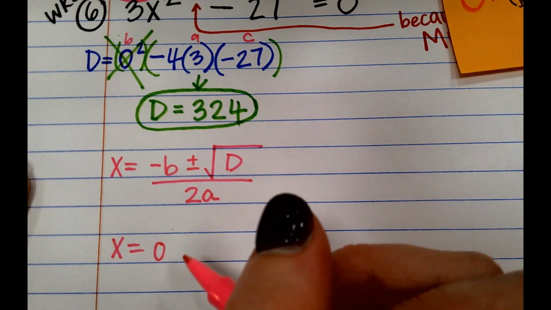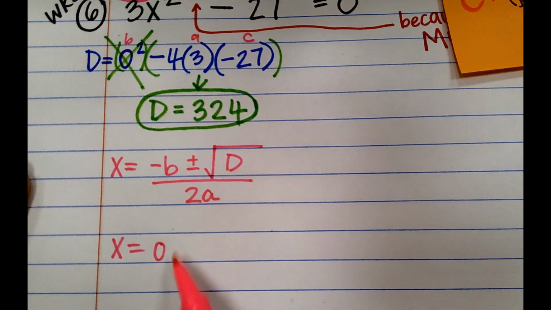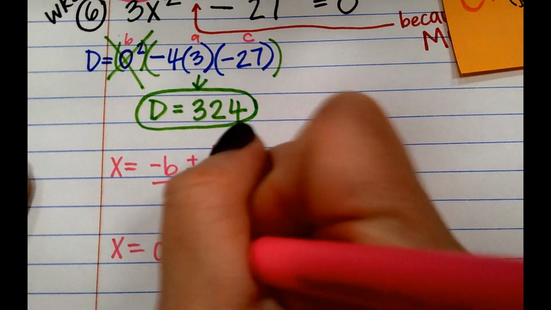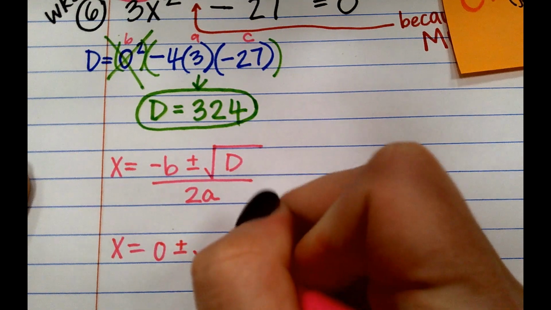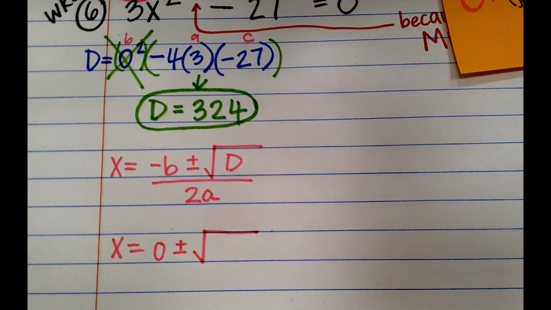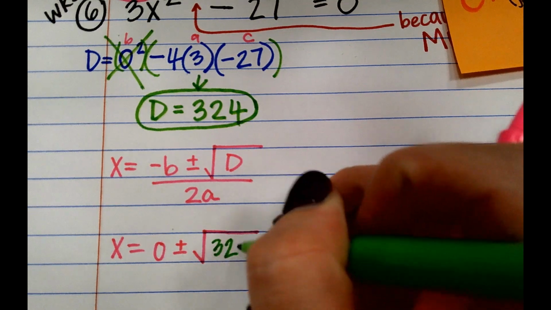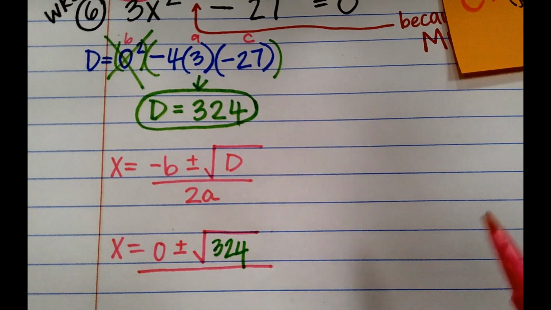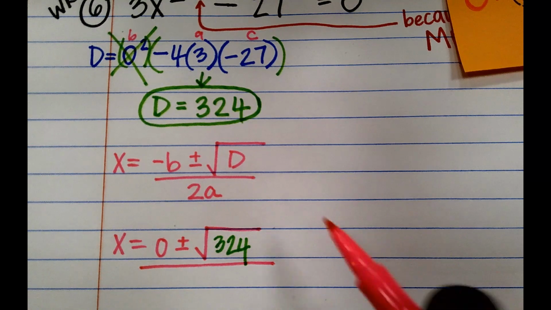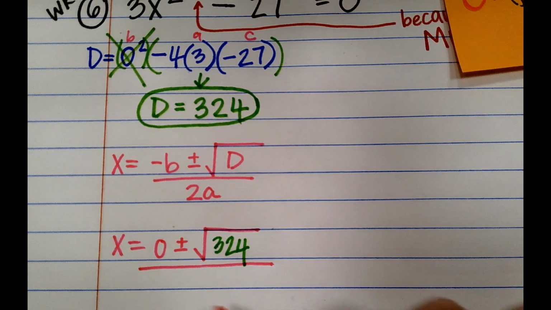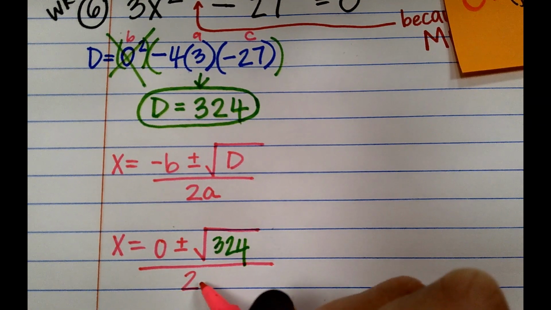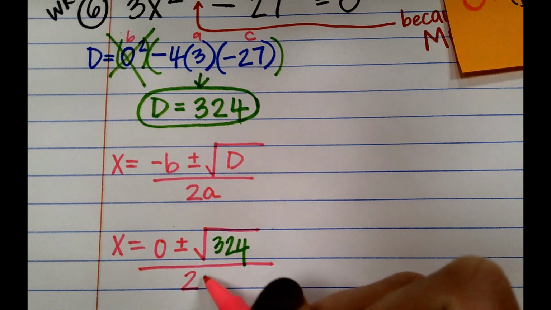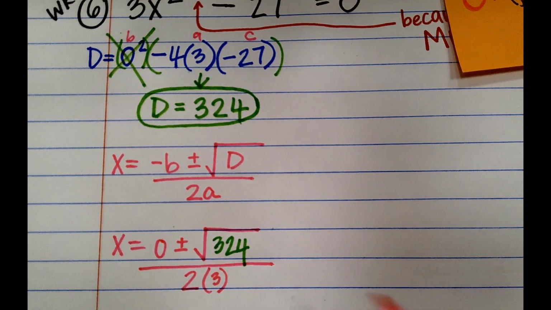We're missing something after 0 before the square root. Plus or minus. Good. Plus or minus the square root of 324, all over what? 2a. 2a, which a is 3, so yes, it'll be 6. Good, good.